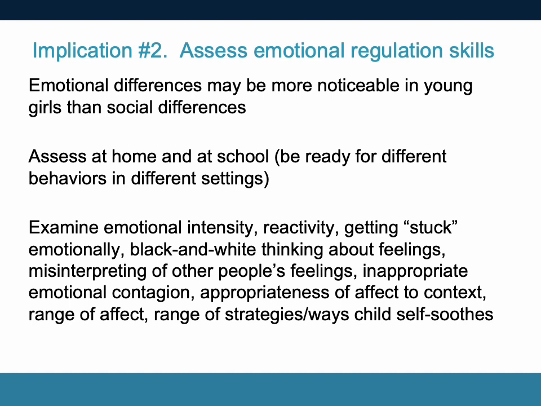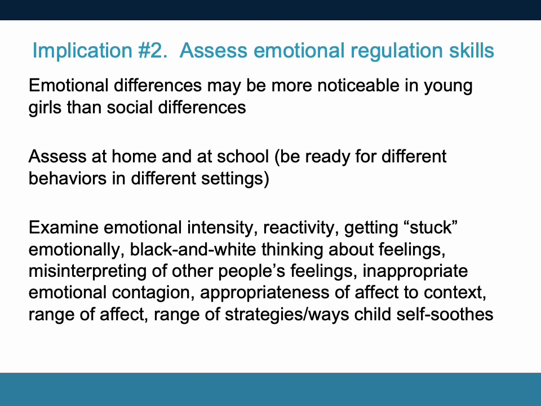From what I've been reading, it seems as though the emotional differences in young children are definitely worth considering when we're trying to understand differences between males and females. So while the girls may show some social strengths at young ages, in my experience, they don't show as many emotion regulation strengths, and the literature seems to be backing that up.